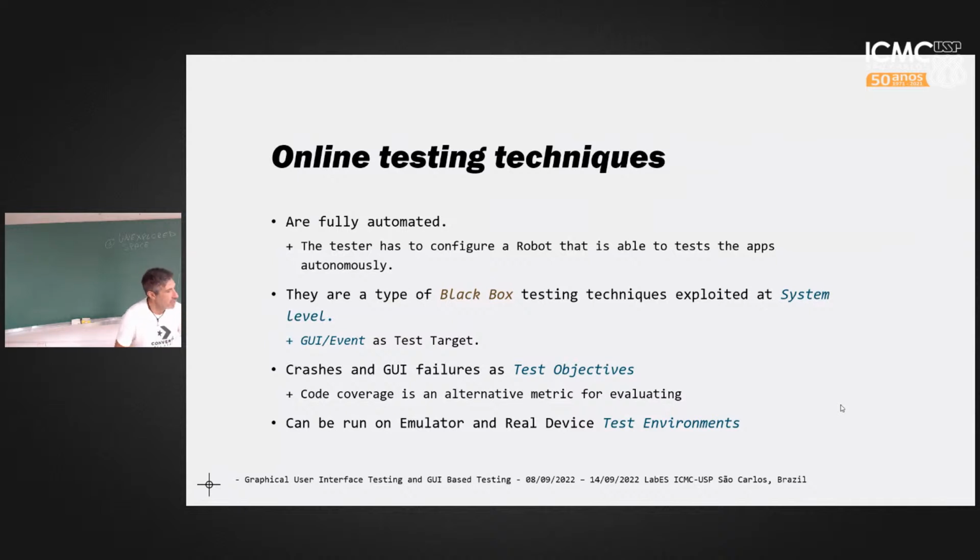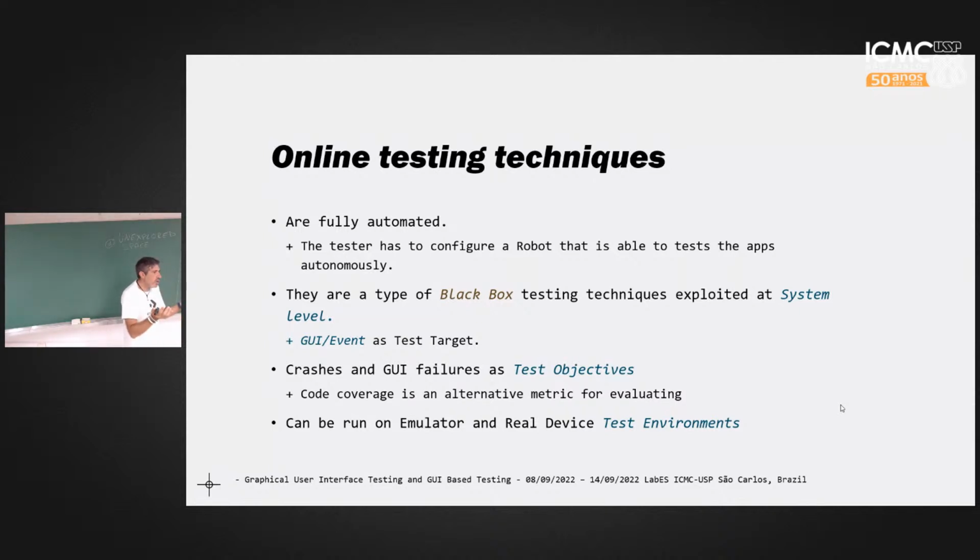As we will see later in this class, when I implement online testing techniques, I have to recognize the GUI, interact with the GUI, and have a description of the map of the GUI.